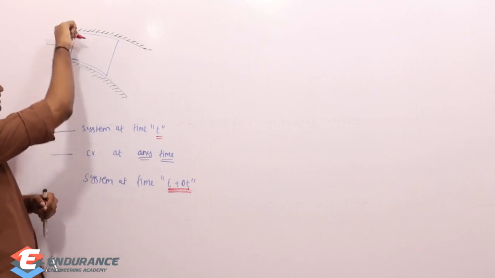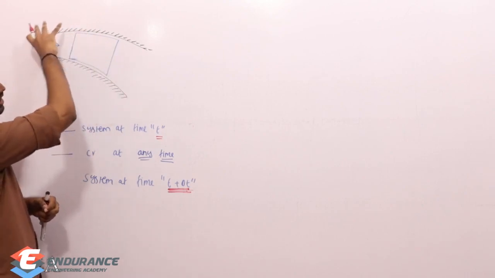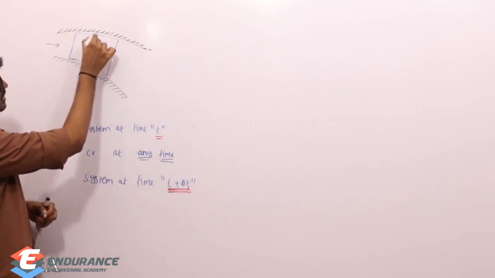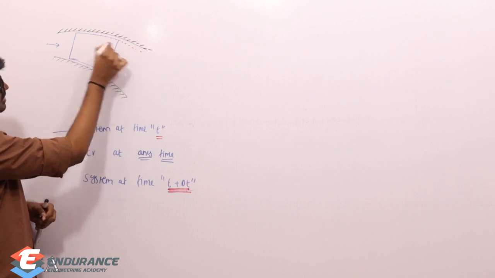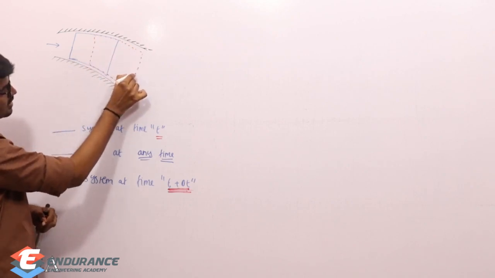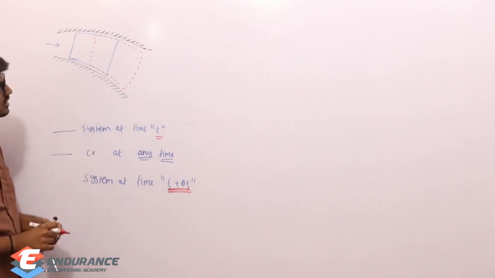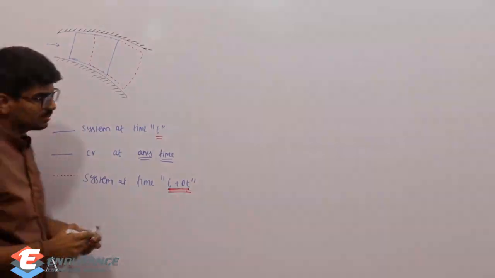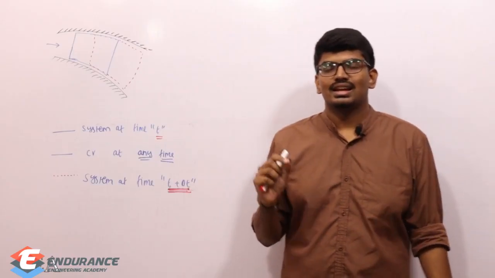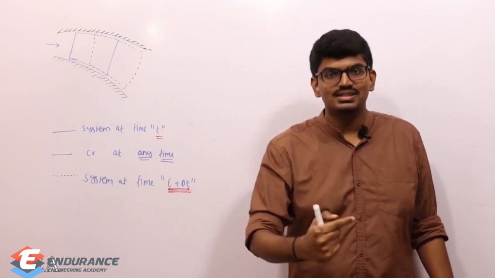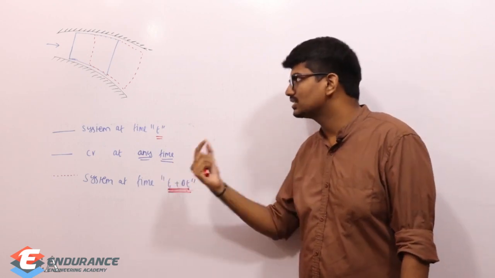Flow is happening in this direction, right? My system will be continuously flowing. So after a small time delta t, let us imagine my system has moved like this. This is my new position of the system. This red dotted line represents my system at time t plus delta t.